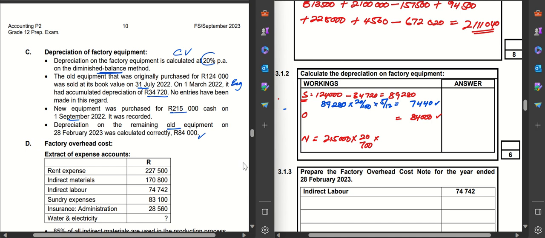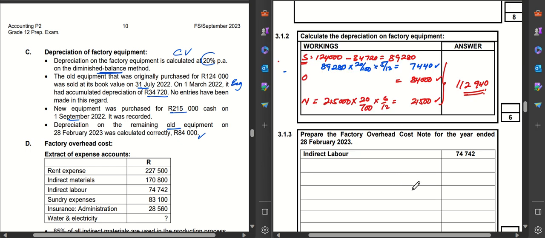So you're counting September, October, November, December, January, February. That is 6 over 12 months. That is going to give you 21,500. If you add these three amounts, you should get your total depreciation, which is 112,940. Please watch out for these calculations. Make sure you prepare for your depreciation.